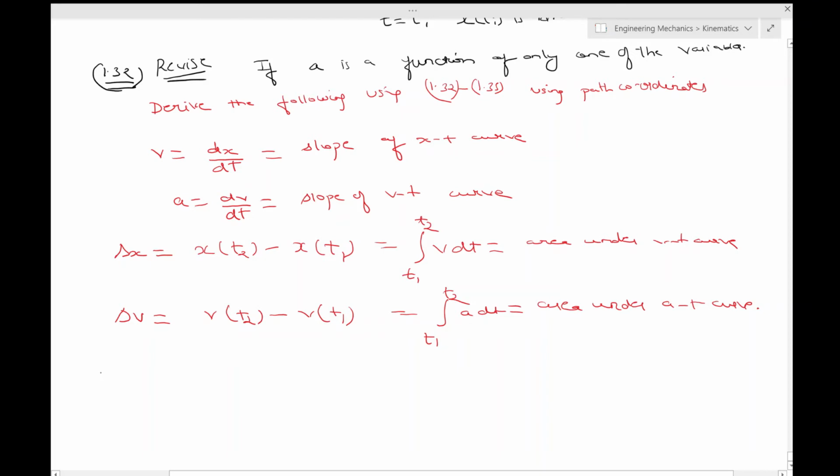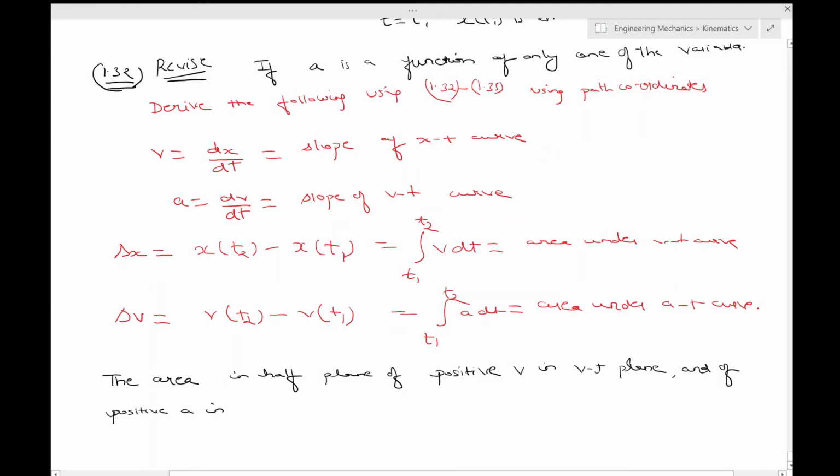The area in the half plane of positive v in the vt plane, and of positive a in the at plane, is considered as positive, and the rest is negative.